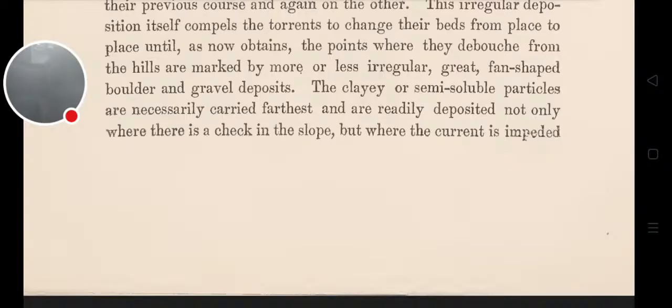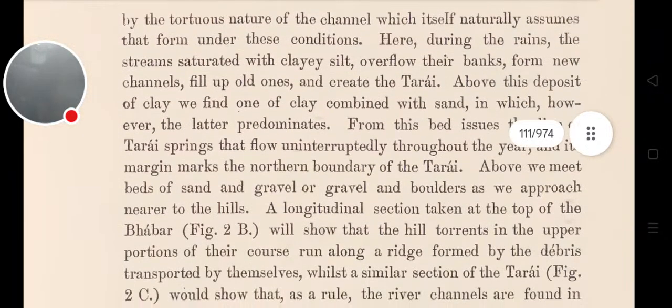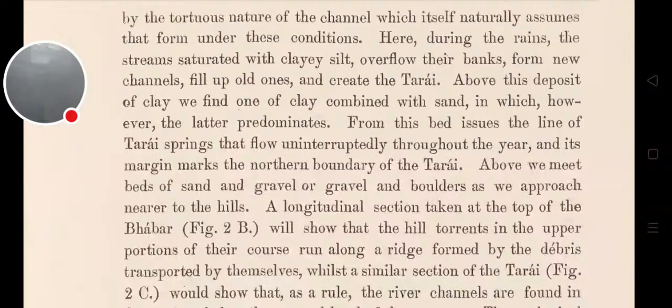The clayey or semi-soluble particles are necessarily carried farthest and are readily deposited not only where there is a check in the slope, but where the current is impeded by the tortuous nature of the channel, which itself naturally assumes that form under these conditions. Here, during the rains, the streams saturated with clayey silt overflow their banks, form new channels, fill up old ones, and create the Tarai.